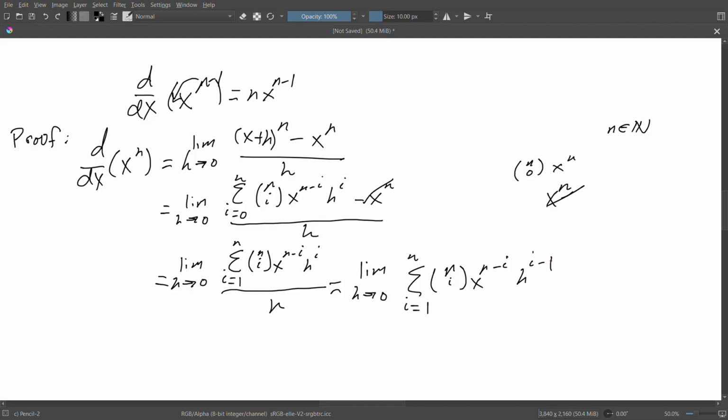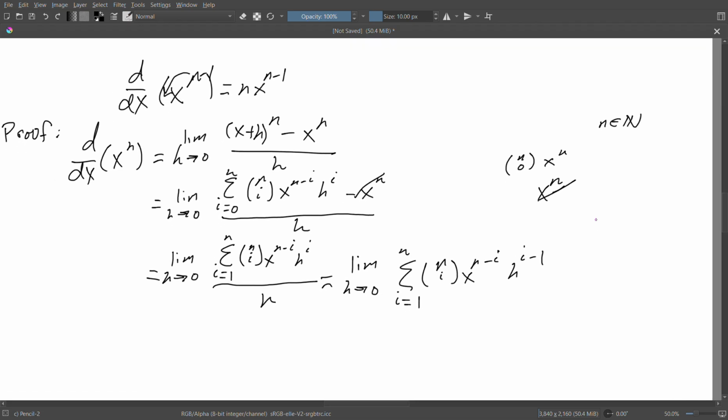Great. So then we have to think, we're sending h to 0, right? h is getting extremely, extremely small, basically 0. And we're not running into any problems, right? Dividing by 0 or having a negative under the square root. So there's really no problem with me just plugging in 0 for h.